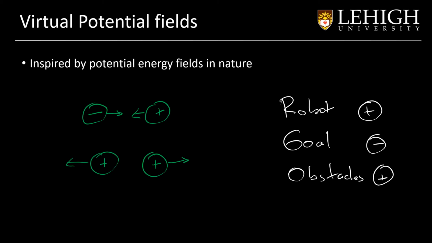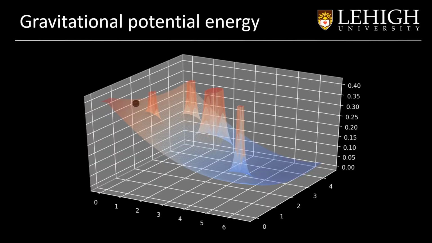So the robot and the obstacles will repel, so the robot will try to navigate avoiding the obstacles, and it will try to pursue the goal. Another analogy with nature for mobile robots is gravitational potential energy. The robot will be represented by a sphere that wants to go downhill in a valley.